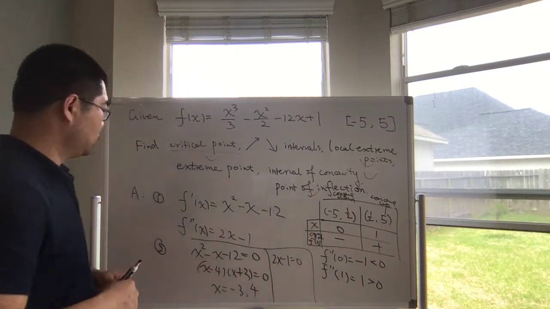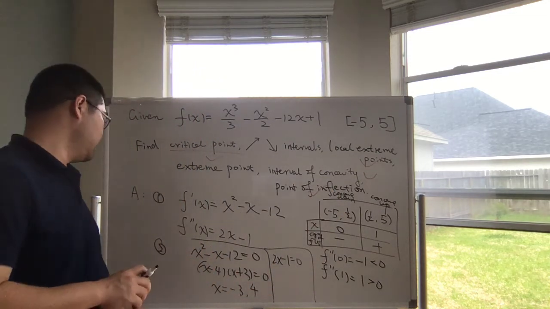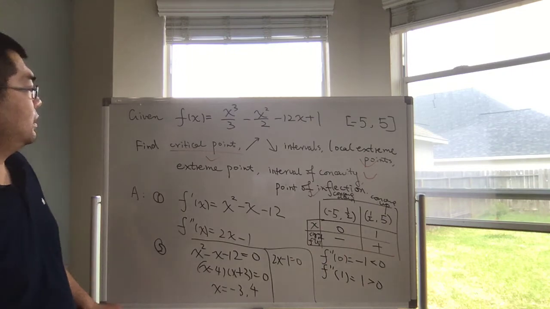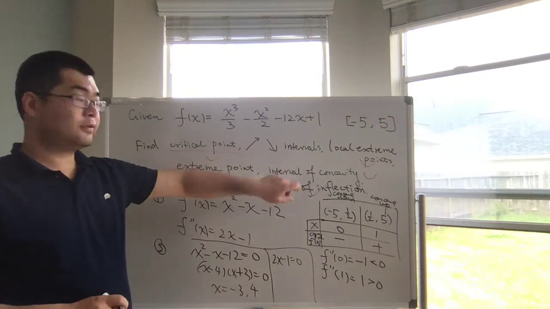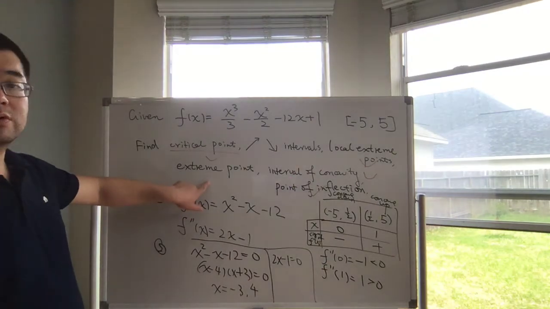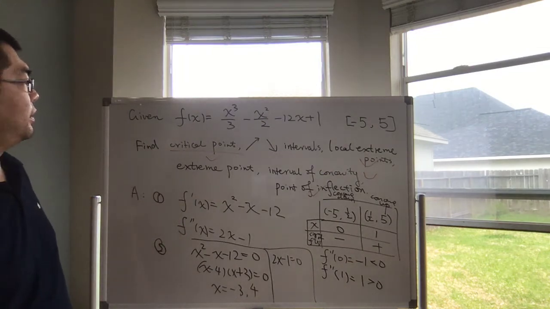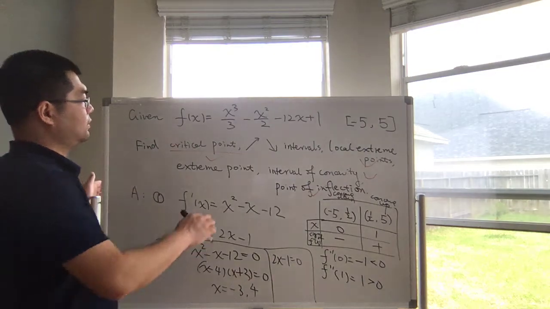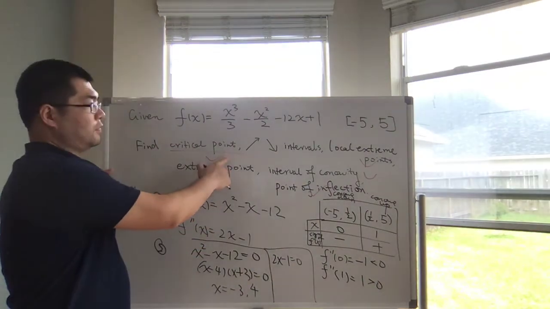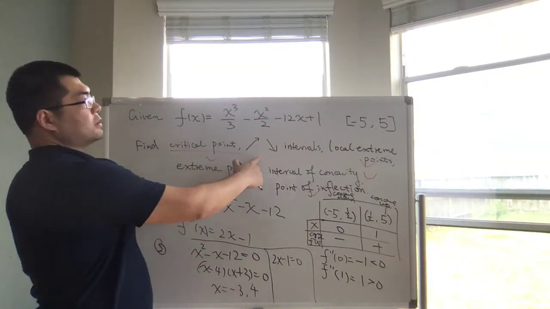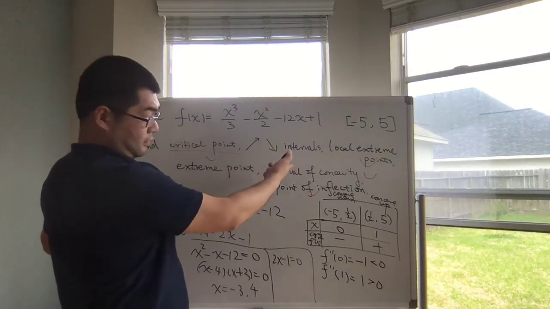Okay. So the only part left here, guys, is the increasing and decreasing intervals and the extreme points. And be very, very careful, guys. When we talk about the critical point, we're going to use the first derivative. Increasing and decreasing intervals, first derivative.